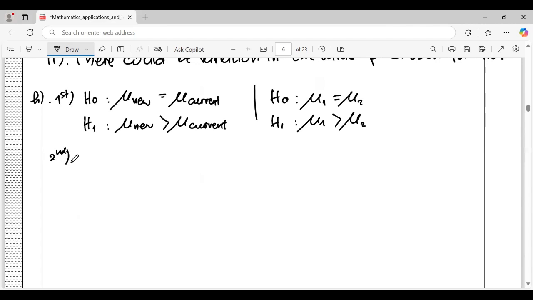And the second step, define the given data for the new technique.